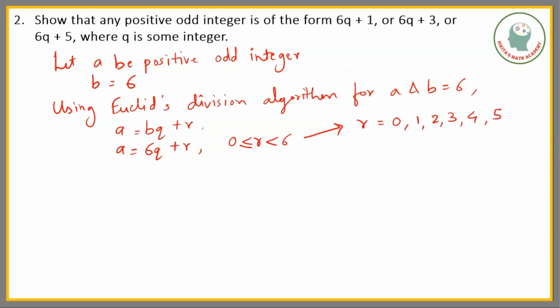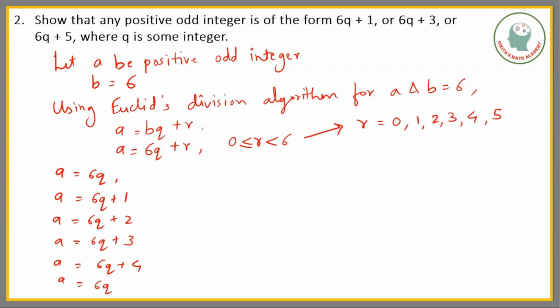Now let's do all these cases. When r equals 0, a becomes 6q. When r equals 1, a becomes 6q plus 1. For r equals 2, a is 6q plus 2. Similarly, a is 6q plus 3, a equals 6q plus 4, and for r equals 5, a equals 6q plus 5. So students, these are all the cases.